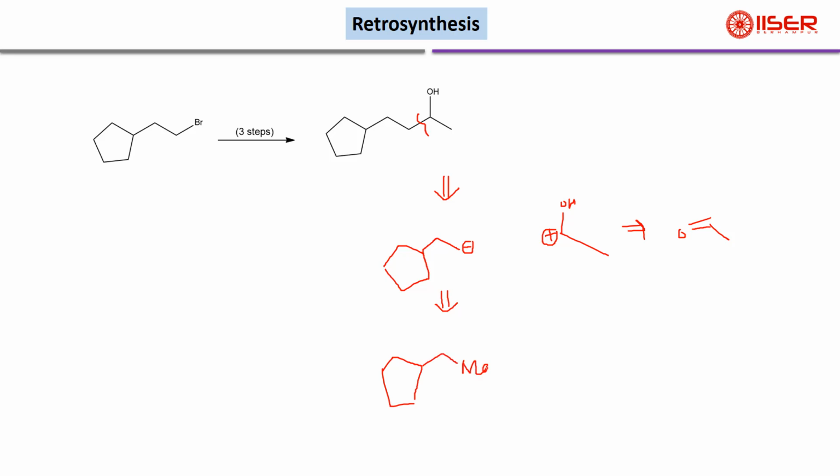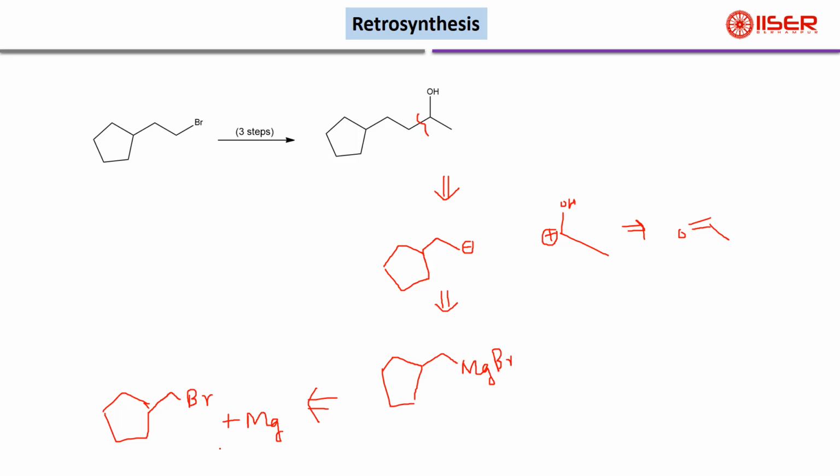we add MgBr, Grignard, which can be prepared easily from alkyl bromide and magnesium. So I think forward synthesis is very simple.